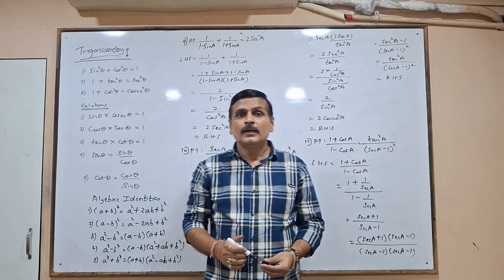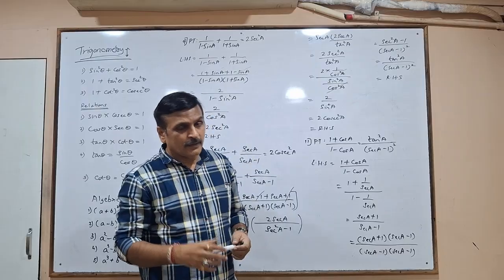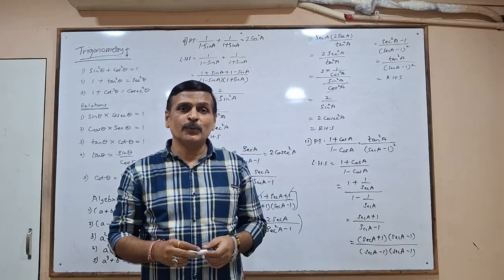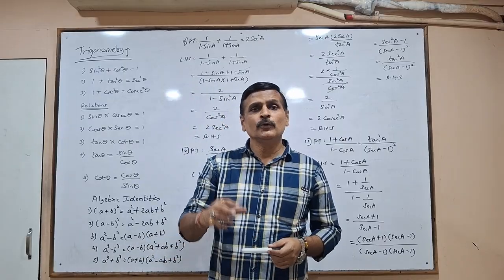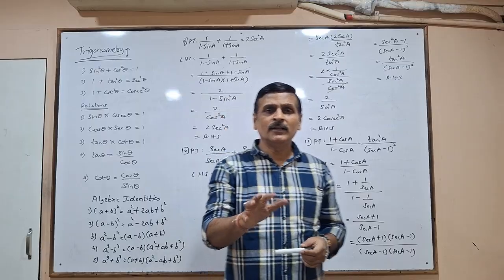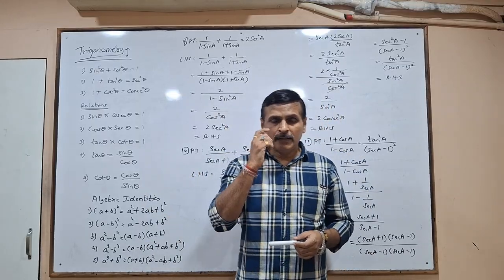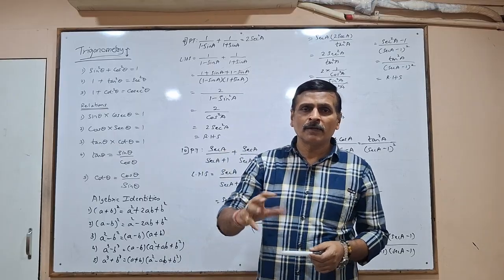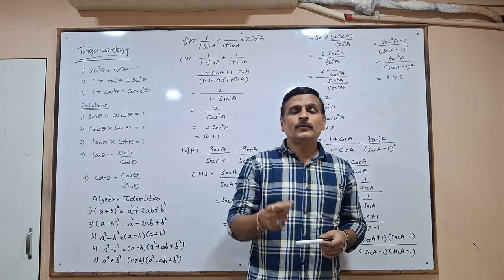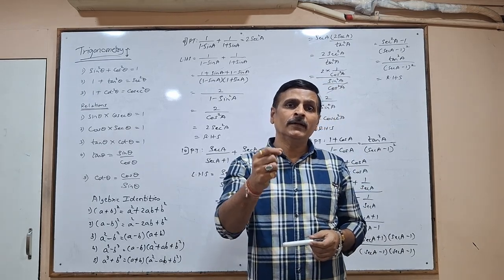I hope it is clear, all questions you have understood, right? Again, any doubt, any confusion related to any question, or you may feel that this particular problem I can solve in a different way, taking RHS. Yes, that can be done. A trigonometric problem sometimes can be solved in 3-4 methods. It is up to you which method to apply on that given day.